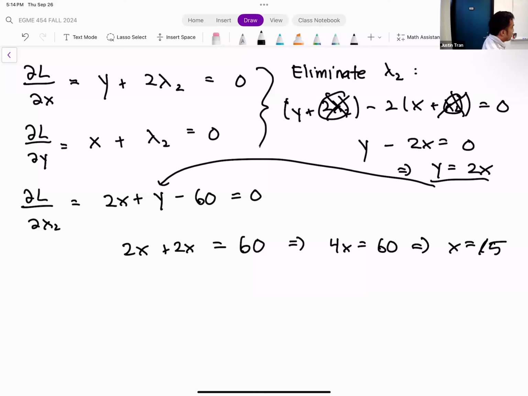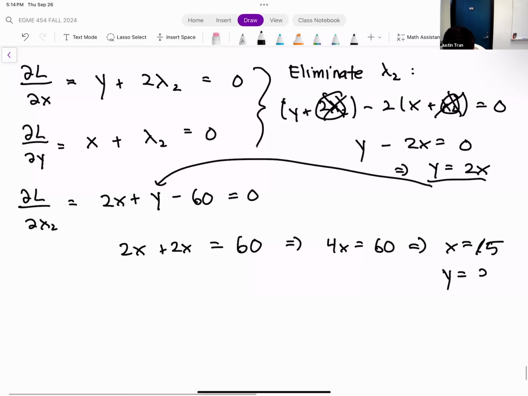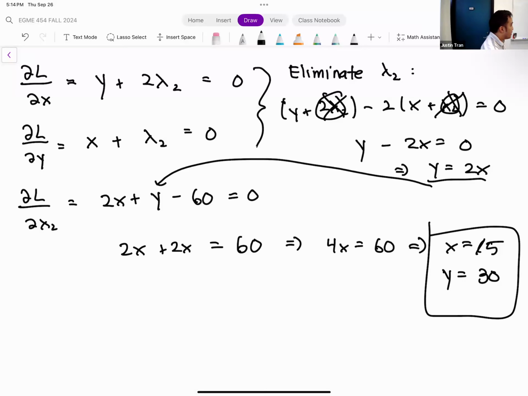And so we plug that result of x is equal to 15 back into our y equation. We know that y has to be equal to 2x, so we get that y is equal to 30 in this case.